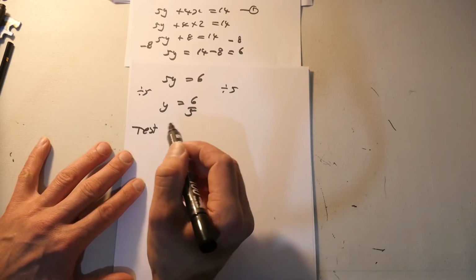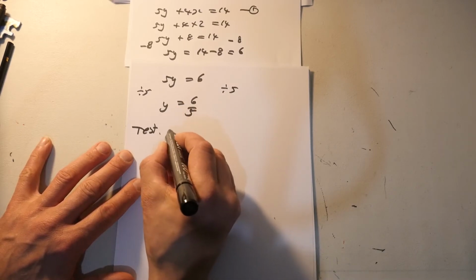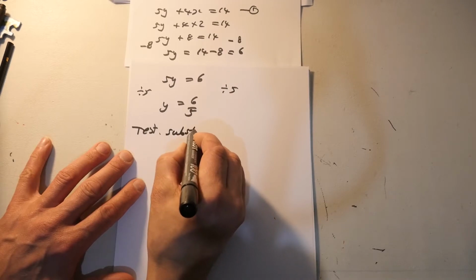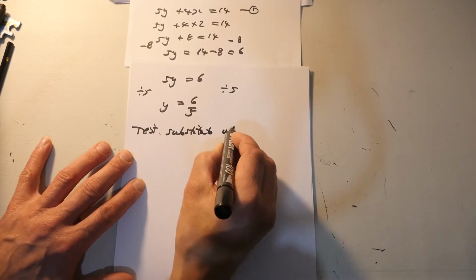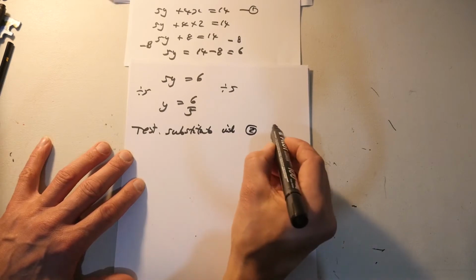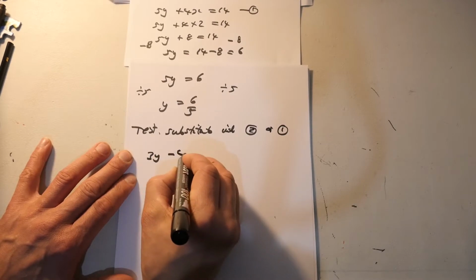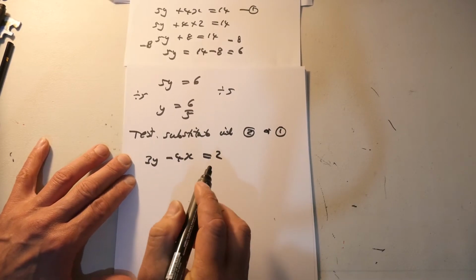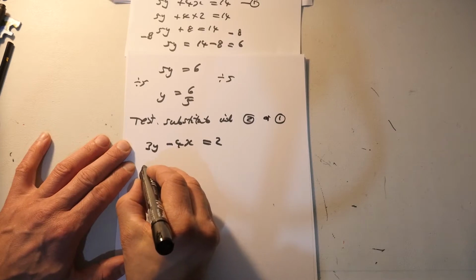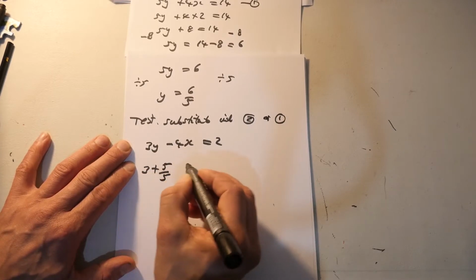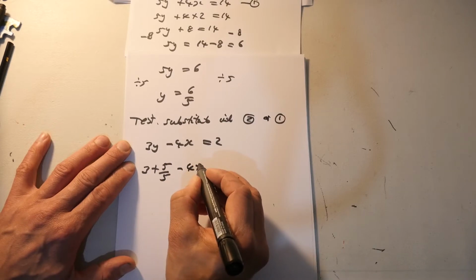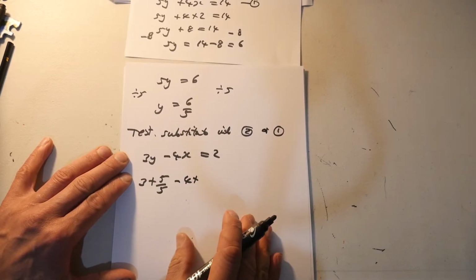So, substitute into, say, 2 this time, okay? Or 1. So you got 3y minus 4x equals 2. 3 times 6 over 5 minus 4 times... what is going on?